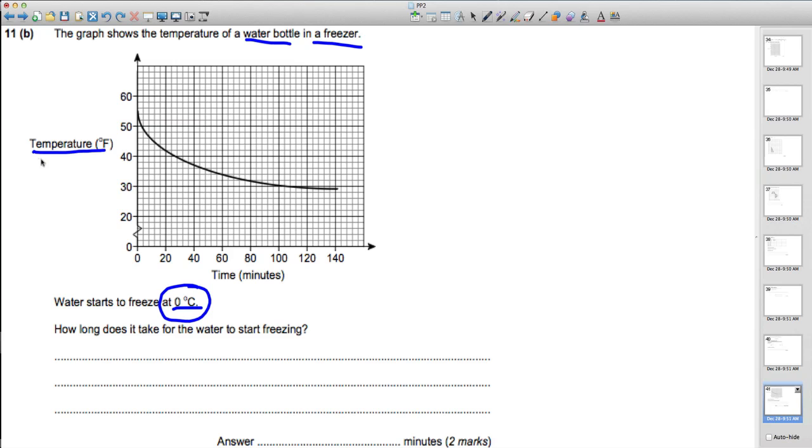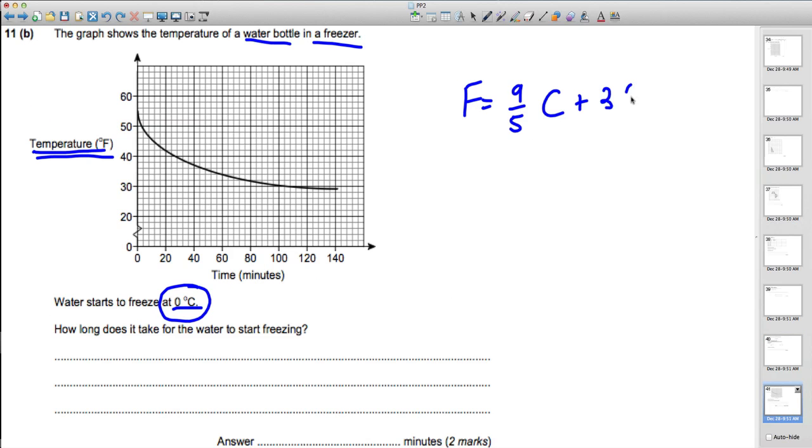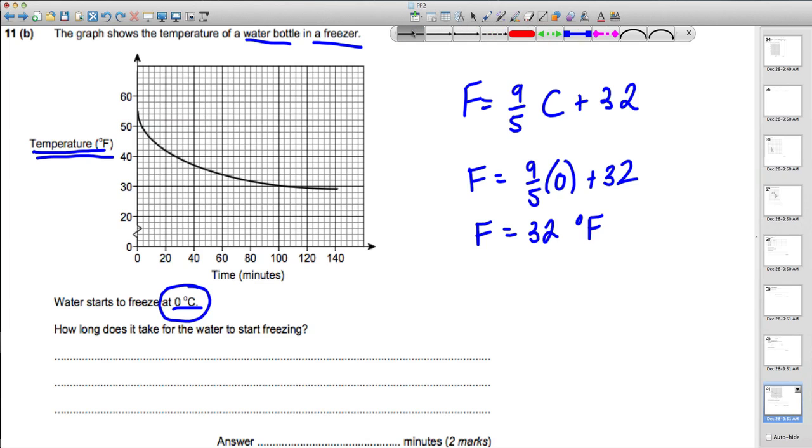This temperature here is in Fahrenheit. So we need to go back to our previous one where F is equal to 9/5 Celsius plus 32. Now we know water starts to freeze at 0 Celsius. That is the same thing as 32 Fahrenheit, because if we substitute in 0 here, it's 32 Fahrenheit.